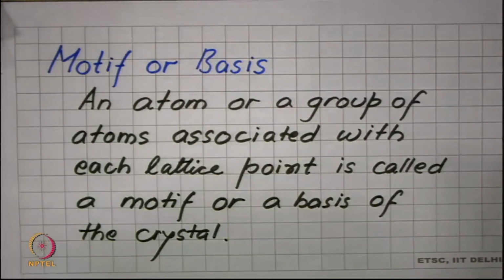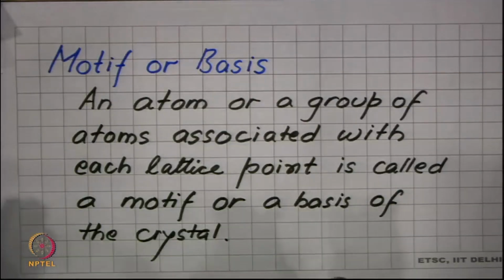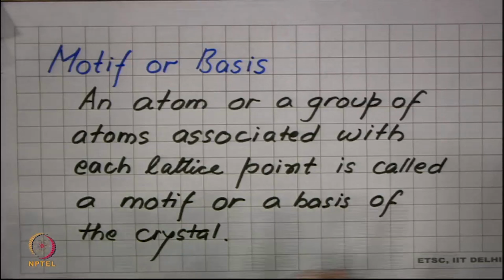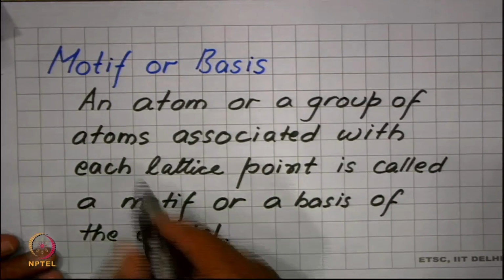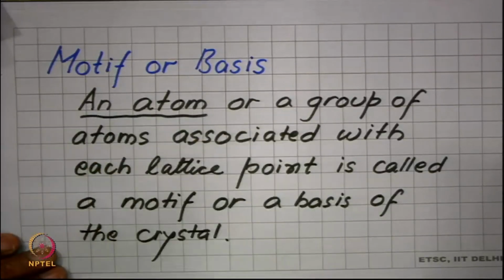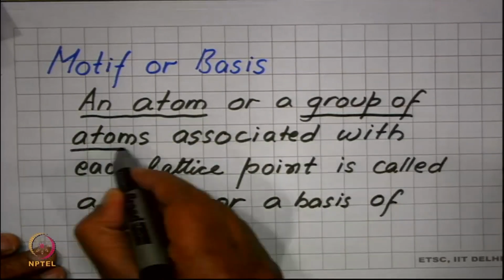So, every crystal has, from our equation, crystal is equal to lattice plus motif. Every crystal has a lattice and it has a motif. Lattice is only the periodic arrangement of points, the motif gives you the atom or group of atoms which is being repeated. Let us make that distinction more clear.